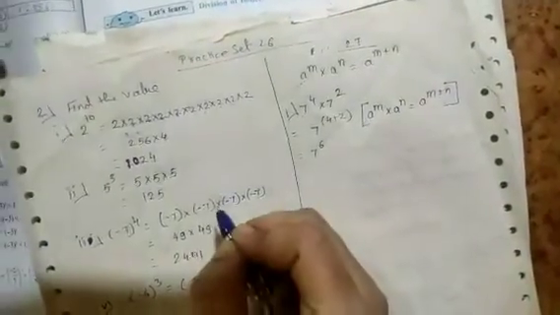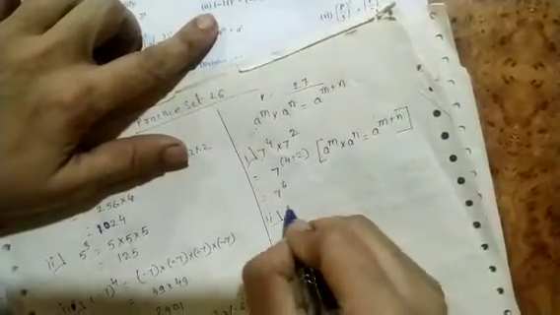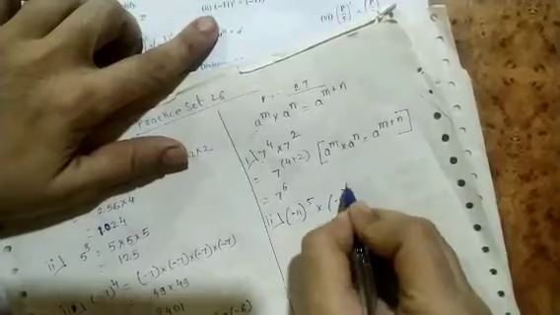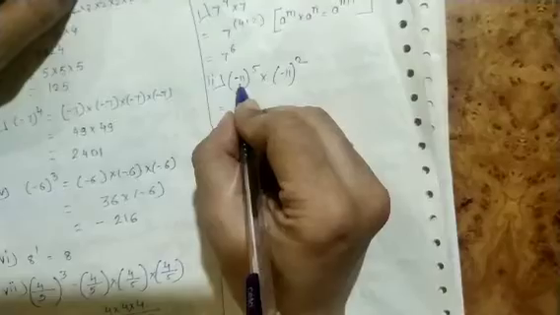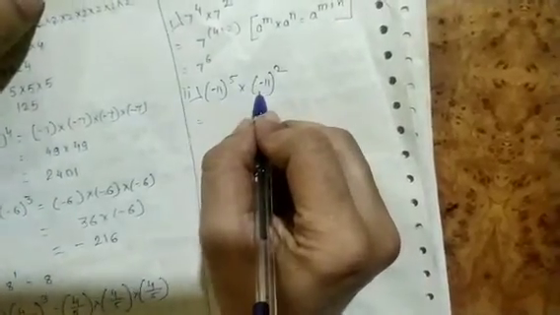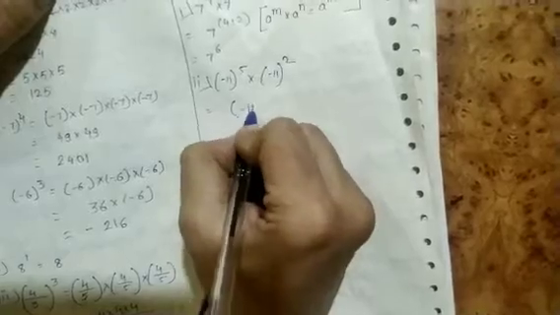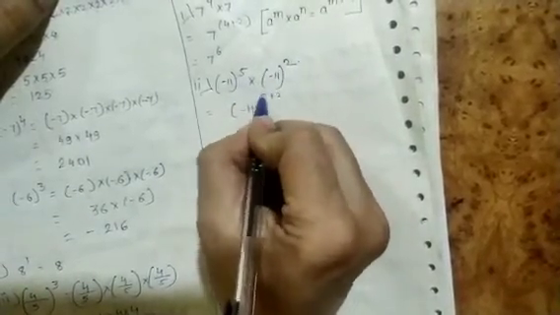Okay, now see the next one, the second one, that is minus 11 raised to 5 into minus 11 raised to 2. Here again the base is the same, that means we will write it as it is, and the index will get added, that is 5 plus 2.